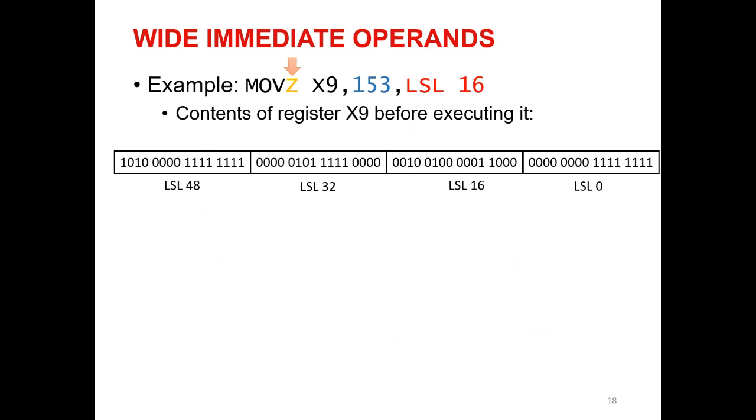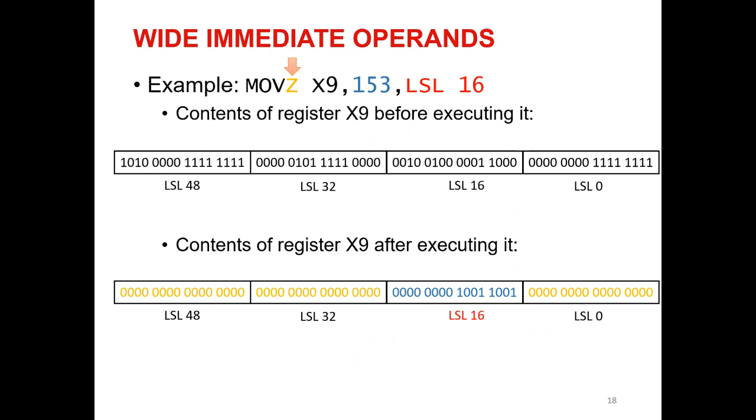So we have here in the LSL the number 16. This means that we are going to modify this quadrant of register 9. So if we perform this instruction, the content of register 9 will change in this way. The rest of the quadrants that we are not going to modify, the yellow ones, will have a 0.